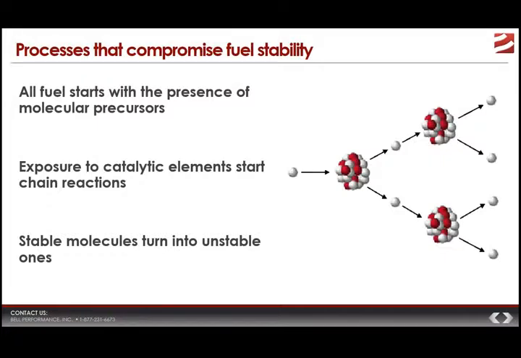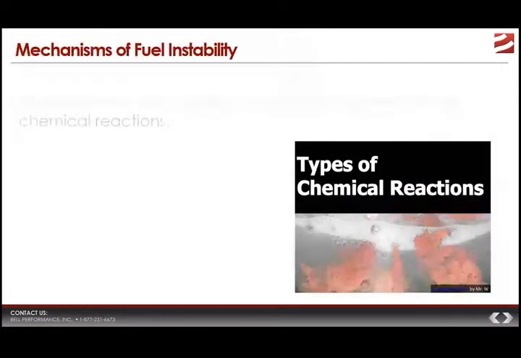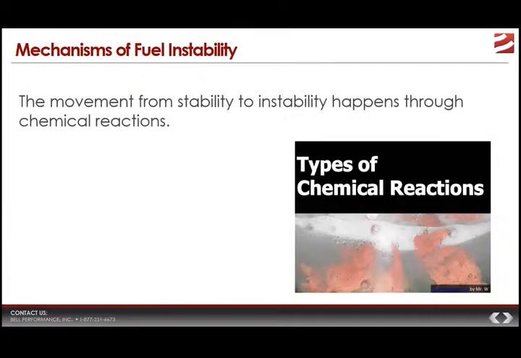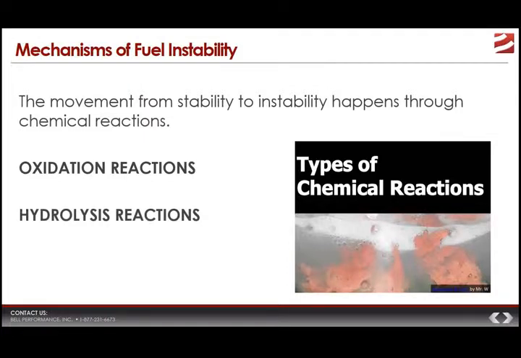And so what happens when this happens is that you have certain kinds of chemical reactions. And these reactions, the two main kinds, are oxidation reactions and hydrolysis reactions. Now, without going into the chemistry of all of those, which isn't really something we need to do, basically, oxidation reactions are reactions that involve exposure to oxygen, and hydrolysis reactions are reactions that involve exposure to water.